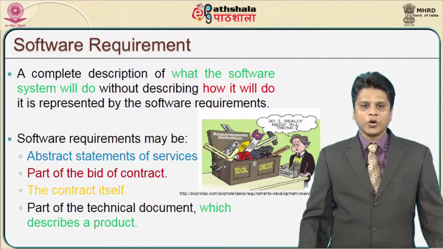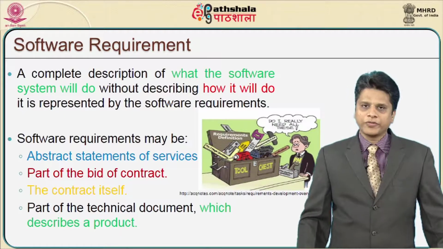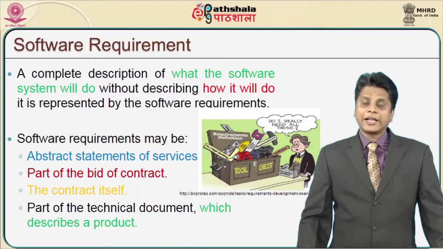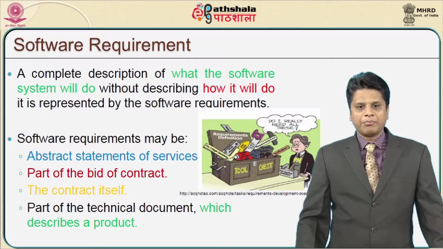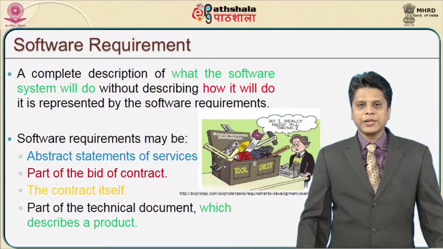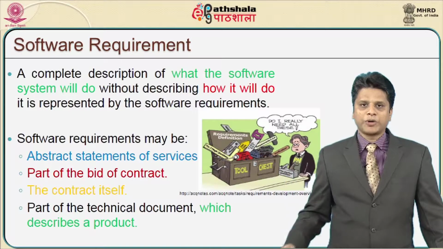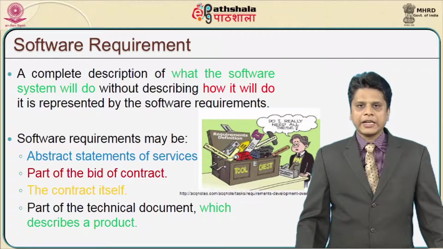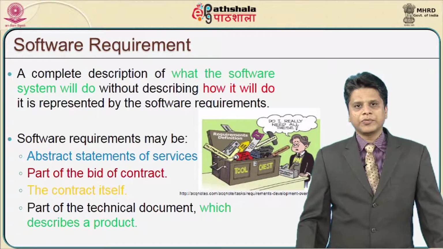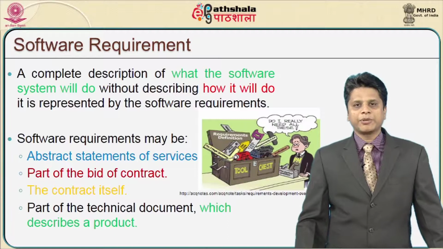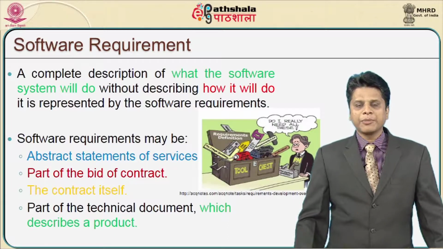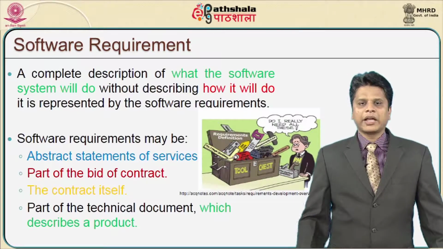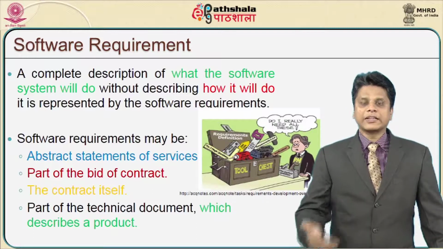So, they will go for a part of the bid of contract, the actual contract by itself, part of the technical document which describes the complete version of the product. Here I understand the entire requirements from the customer, which means I elicit the entire requirements, and I am making myself very clear that I can proceed with such a development.